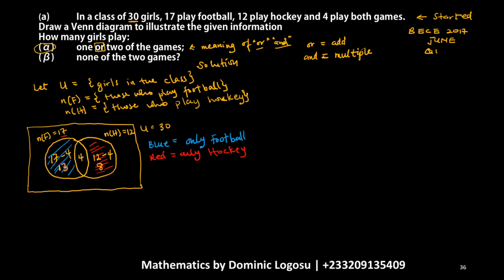Number of students who play one or two games. So it means you have to find the number of students who play just one game and the number of students who play two games. So it basically means that solving our alpha is going to be, first you have to find only one game.